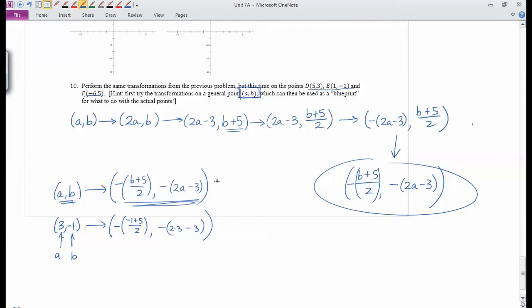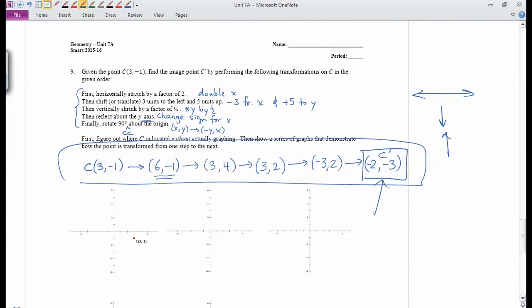And if you work that out a little bit, so this turns into negative, let's see, that'll be 4 over 2, so negative 2, comma, and then this inside the parentheses here is 6 minus 3 with a negative in front, negative 2, negative 3. Well, that's what we got here.